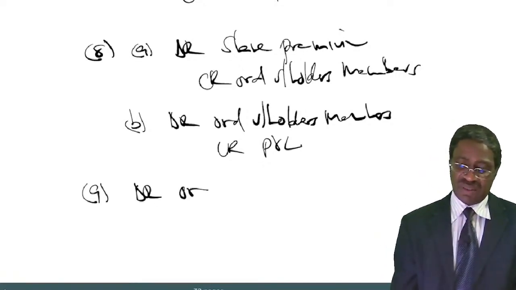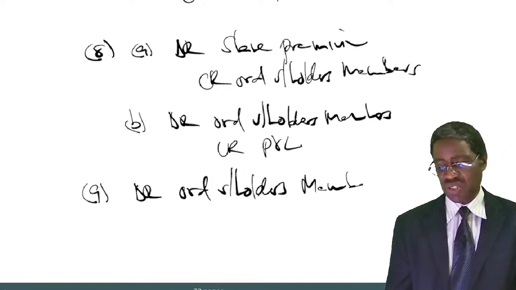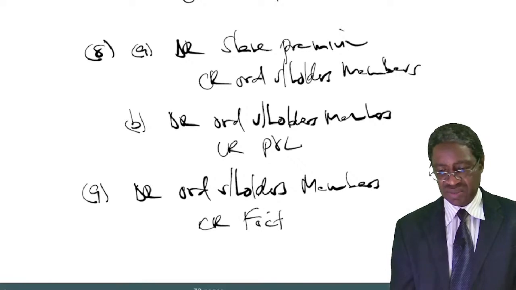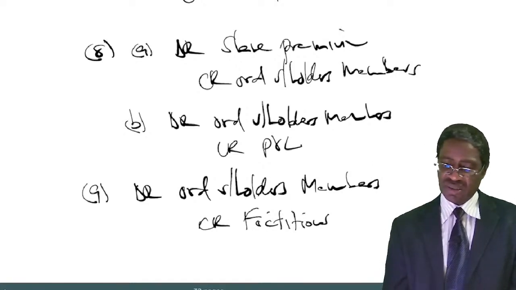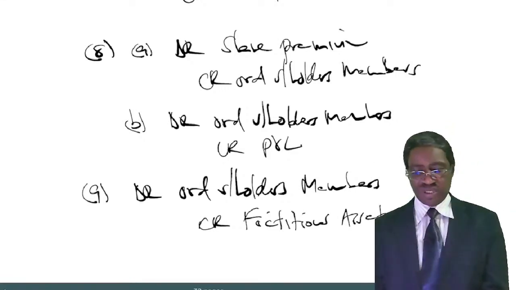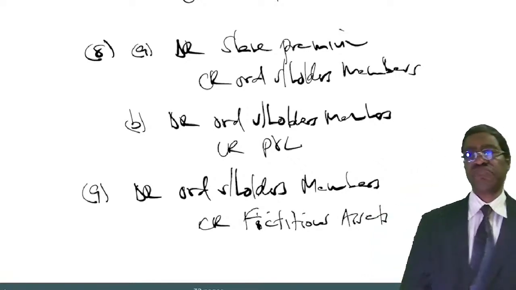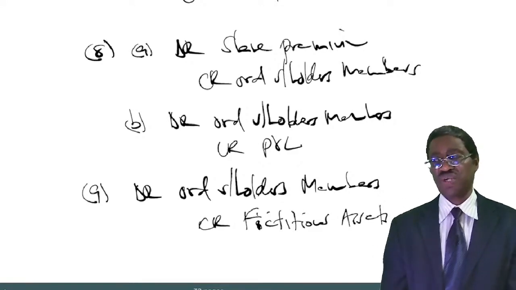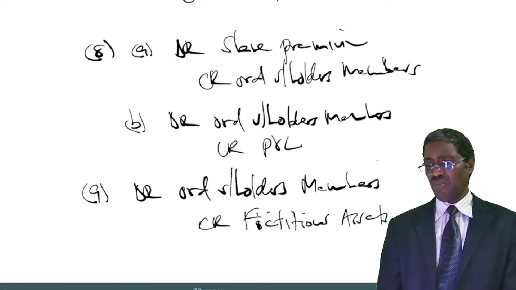Debit ordinary shareholders members. Credit fictitious assets. That's number 9.